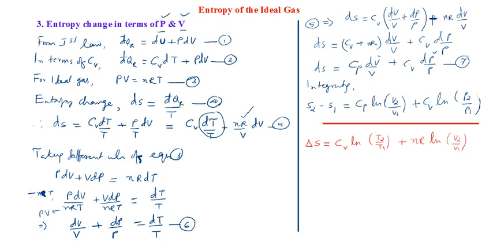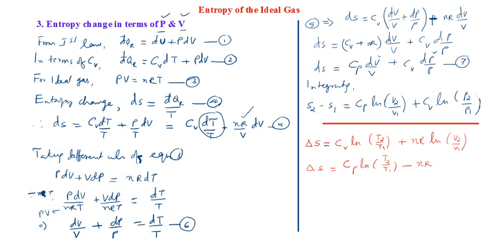That was in terms of T and V. Then the second equation that we have derived is delta S equal to, just see the changes, Cp log T2 by T1 minus, there was a minus because of the change in our starting equation. So always try to remember this equation in terms of the derivation. That's why we are doing the derivation in detail.